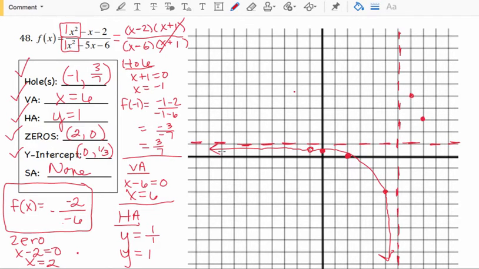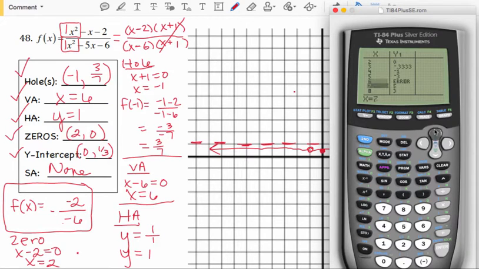If you want to know whether or not your graph's going to shoot up crazy or something, if you feel like you need an extra point, go ahead and look at the graph or verify with the table. When I move out to negative, I don't know, 10, I'm still at 0.75. So back 10, I'm up 0.75. So you're definitely not doing anything but hugging that asymptote.